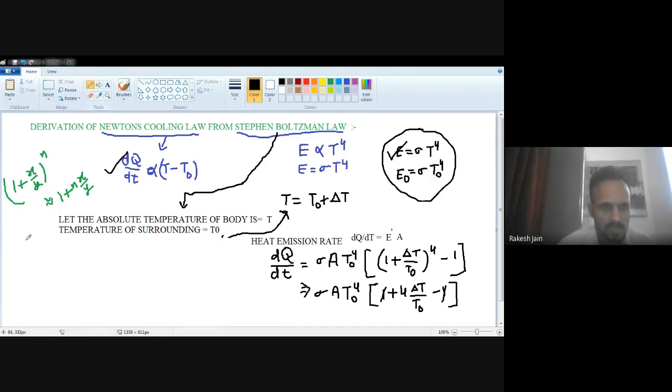Now dQ/dt is equal to σA T0 raised to the power 4 multiplied by 4ΔT upon T0. See very carefully.